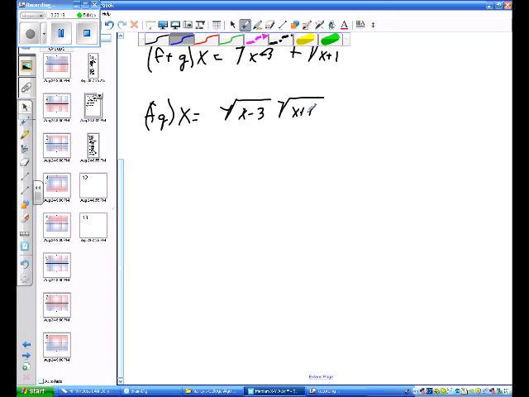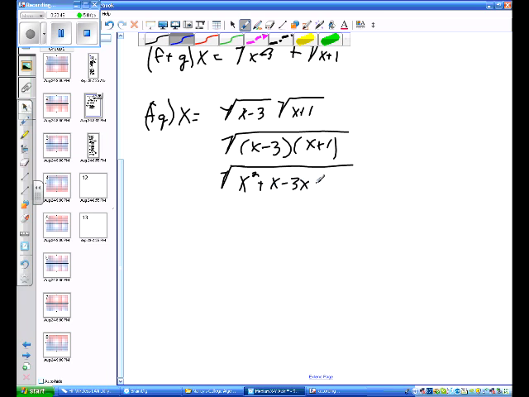Well, when you multiply two radicals, you multiply the numbers that are underneath the radicals. So we're going to have to multiply this. This is going to be the same as the square root of (x minus 3) times (x plus 1). And we could multiply that out. We've got x squared plus x minus 3x minus 3.